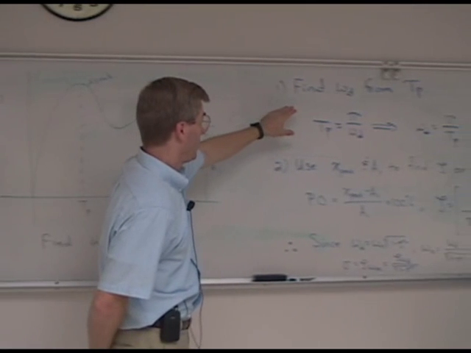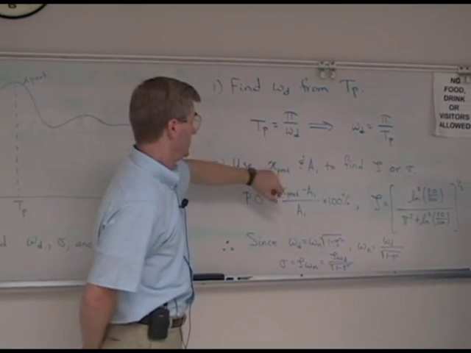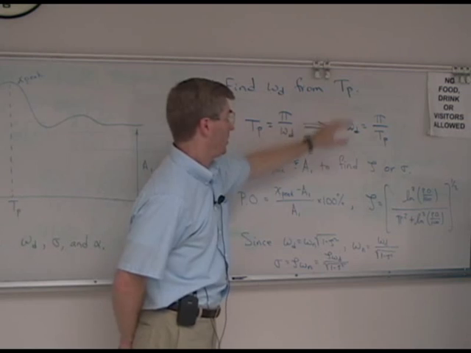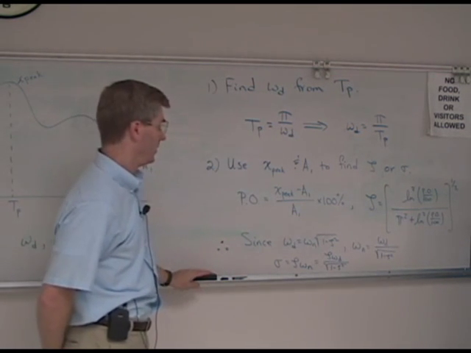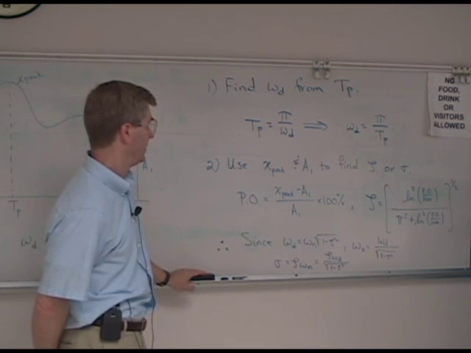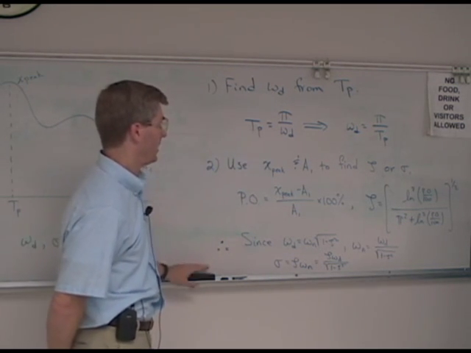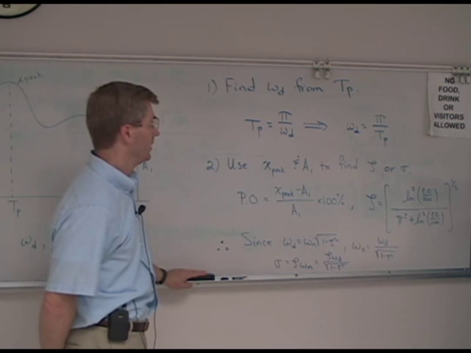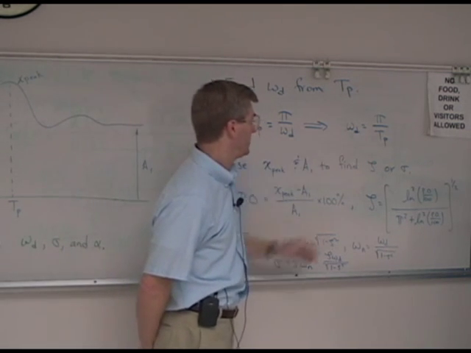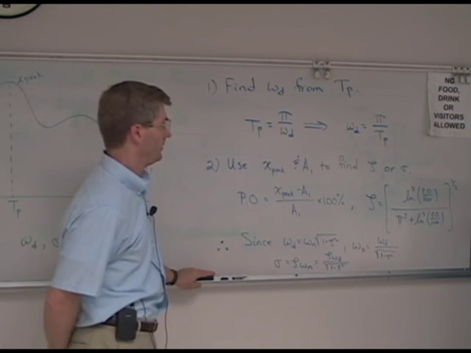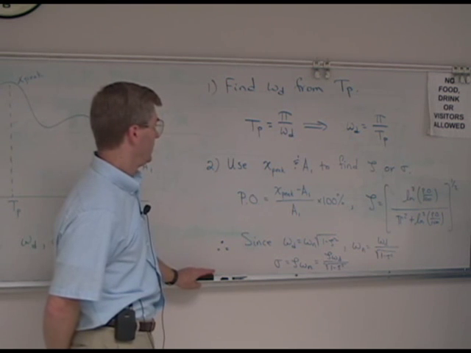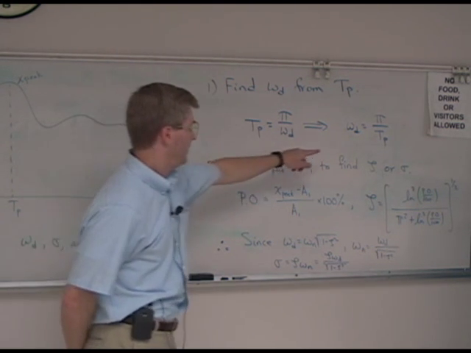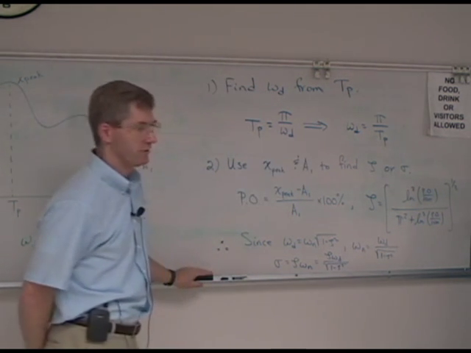We can find our damped frequency, omega sub d, from our peak time, or time to peak, realizing from what we've derived in class that the peak time is actually pi over omega sub d. Omega sub d then is simply solved for, and we find that the damped frequency, omega sub d, is pi over time to peak. We now have one of our three quantities.